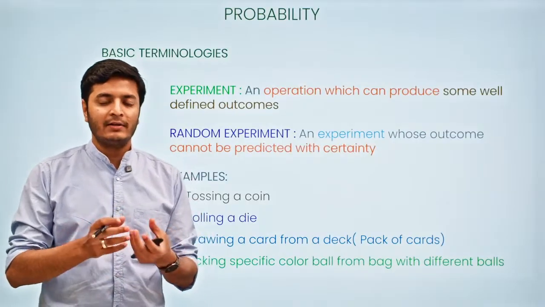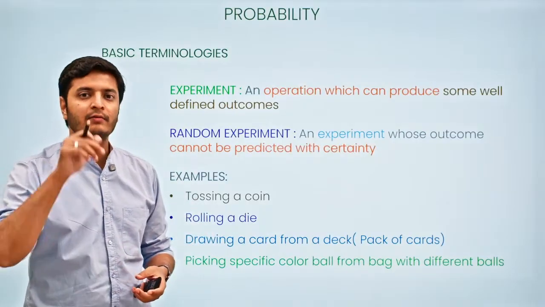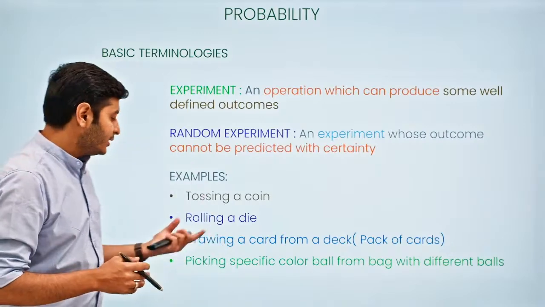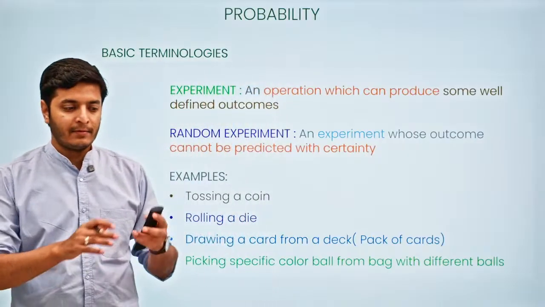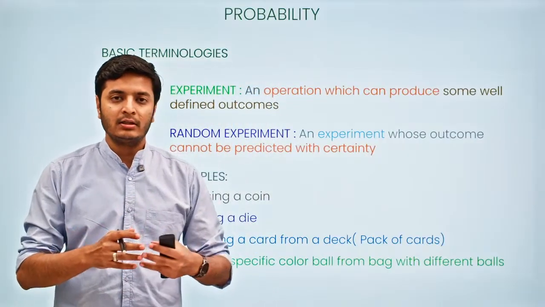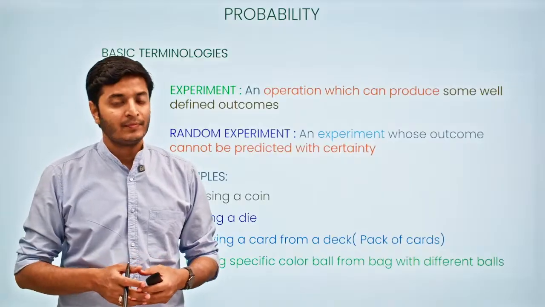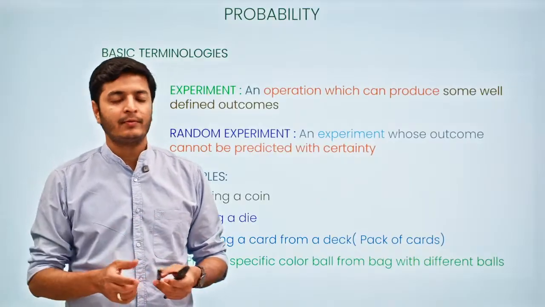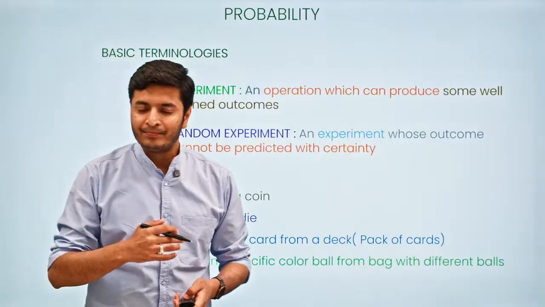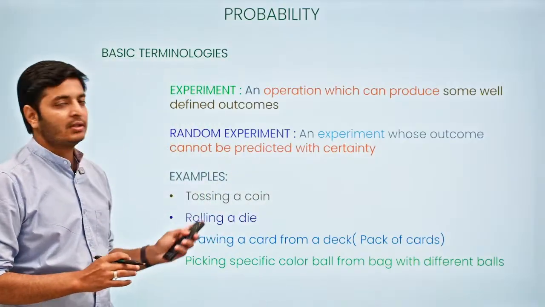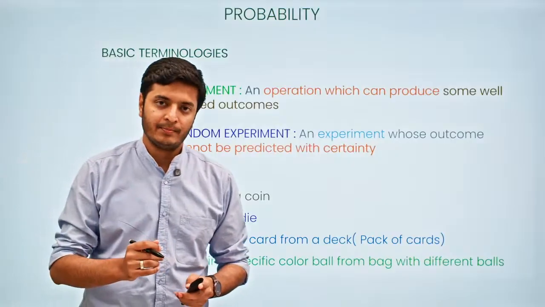If you have a well shuffled deck, then what is the probability of getting a card? Then picking a specific color ball from a bag with different balls. Suppose we have a bag with balls of different colors and we are picking up a ball at random from that bag, we don't know what color ball we are gonna get, right? So all these events come under random experiment.